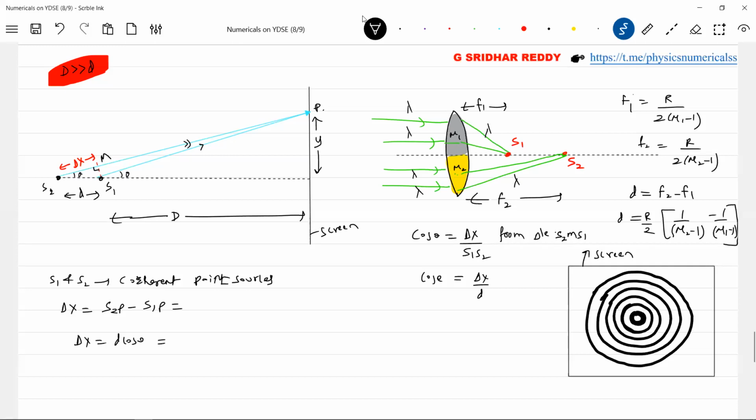Now theta is very small, so I'll go for the expansion of cos theta. Let me write that: 1 minus theta square by 2 factorial, plus theta to the 4 by 4 factorial. Does anybody remember the expansion of cos theta?